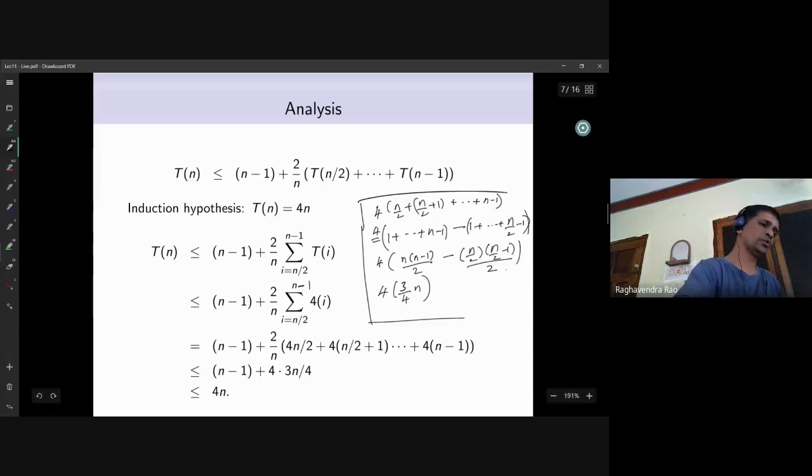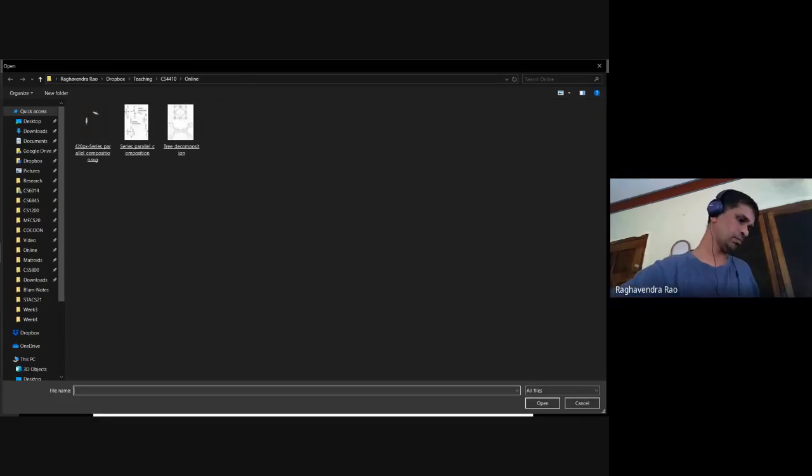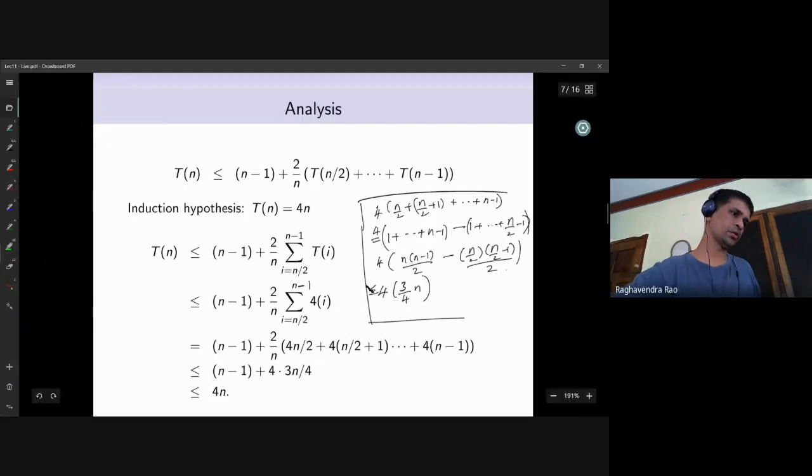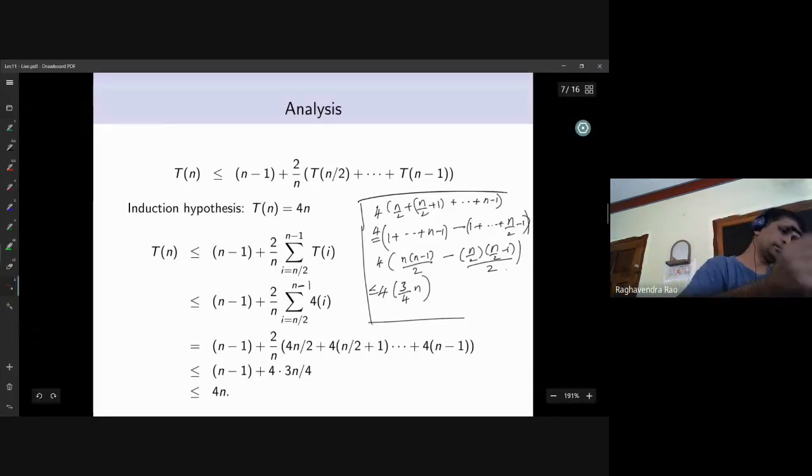So this is at most 3 by 4n into 4, of course. So this is what we have here. So this summation boils down to, oh, sorry. If you take out the 4 here, sorry, not n, in fact n square. There's n square, right? n into n minus 1.